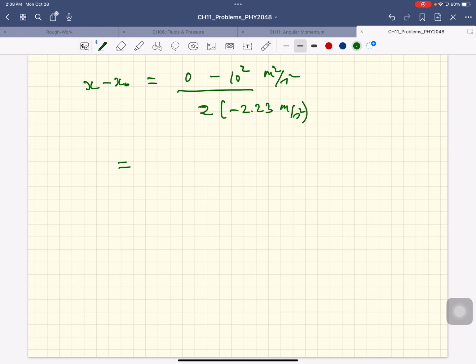So it's minus 100 divided by minus 4.46. So it'll go up an incline of 22 meters. Okay, up the incline 22 meters.